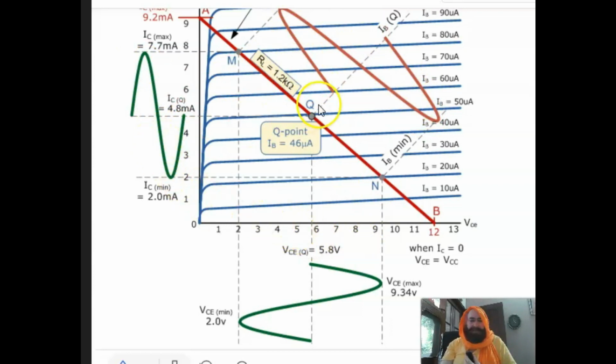Now notice that when the base current is going high, collector current is going high, but the collector emitter voltage goes down from 5.8 volt to 2 volts. Then when it reaches back to normal, it goes from the low value to the normal value. When it swings in the negative half, collector current goes down, but collector emitter voltage swings in the positive half, going from normal 5.8 to 9.34 volts, then coming back.